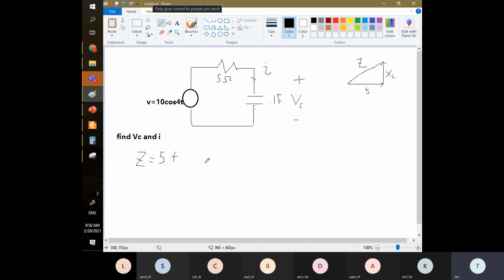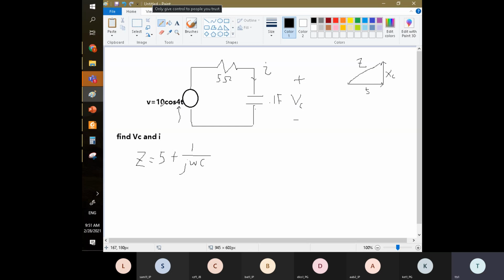If you remember, the capacitor's reactance is the reciprocal, 1 over J omega C. C is 0.1. Omega is 4, from cos of something T, without any phase shift. This form you know already.